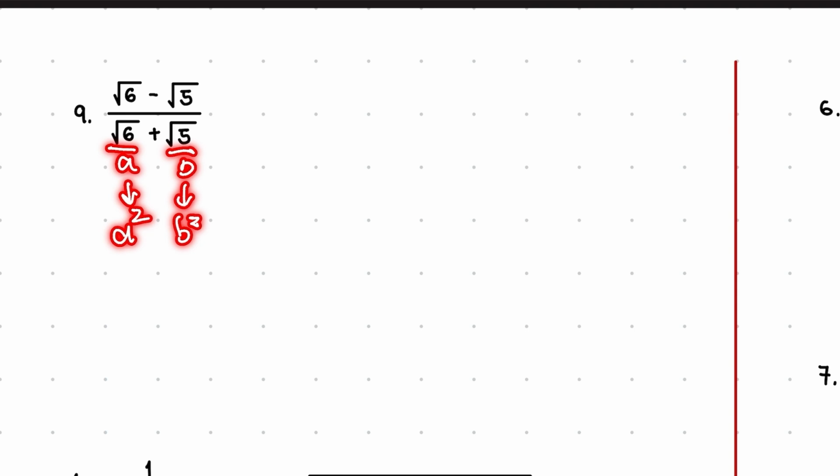Well, recall that we have what we call the difference of two squares, which is basically A plus B times A minus B. So to be able to apply that here, since we already have a sum, we just multiply the subtraction version of this one.